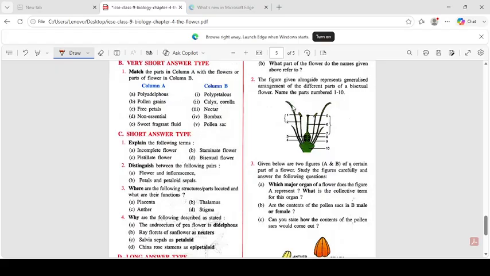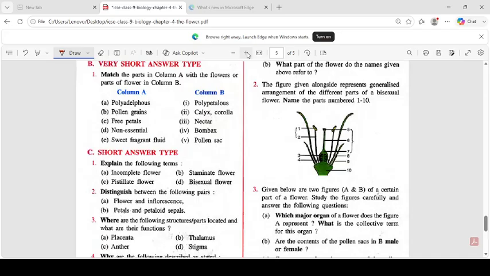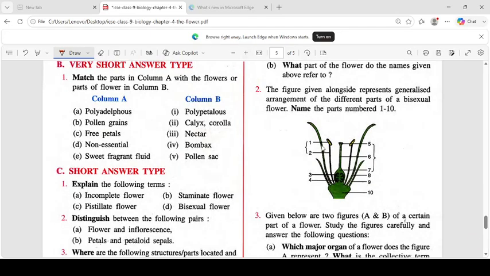In this diagram, the diagram is given and you have to label 1 to 10. So here you have to see carefully what is 1. This 1 is nothing else but the anther. The second is the filament.